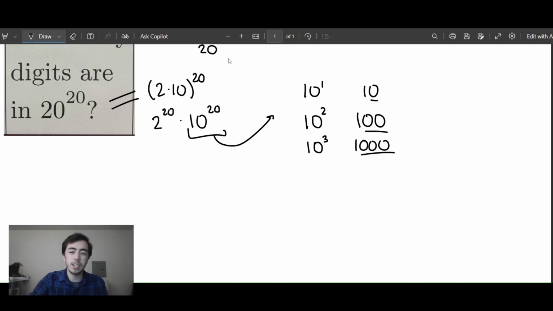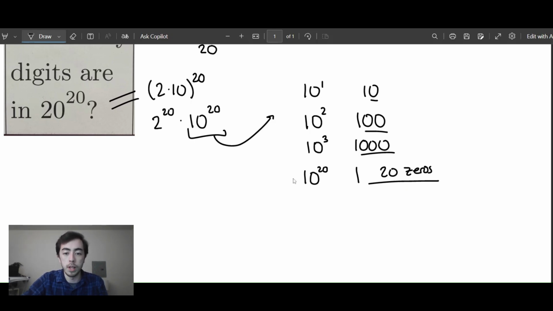And I think I actually like it that way better, because that shows me that 10 to the power of 20 just takes the number you have and gives it some amount of trailing zeros. So 10 to the power of 20, say times 2, is going to be 2 with 20 zeros following it. So 10 to the power of 20 itself is 1 with 20 zeros at the end.